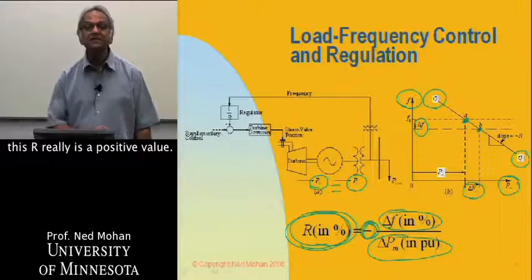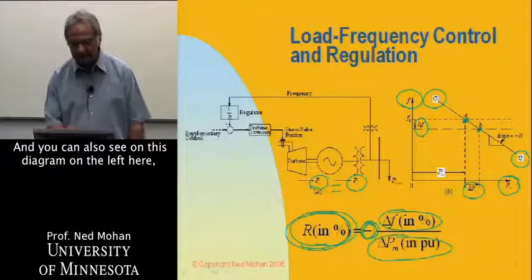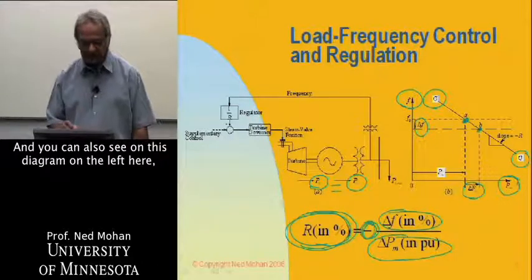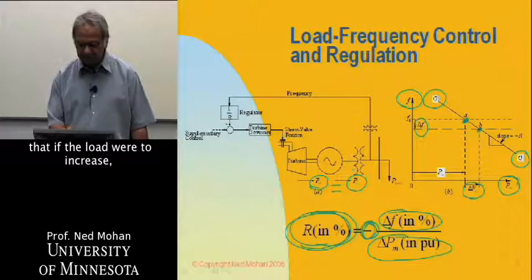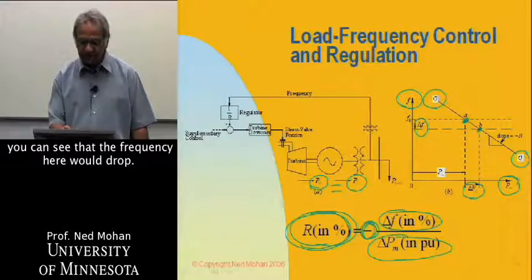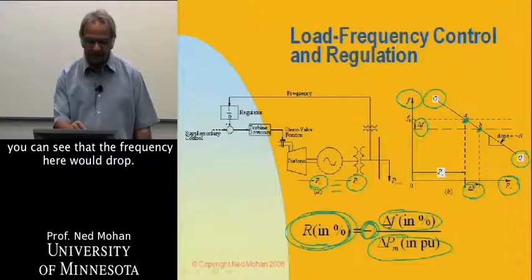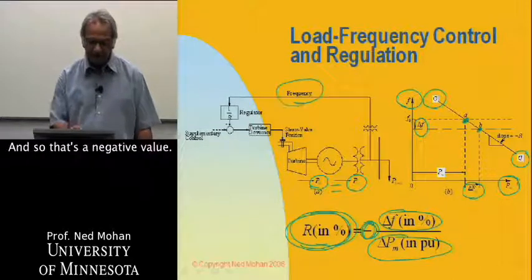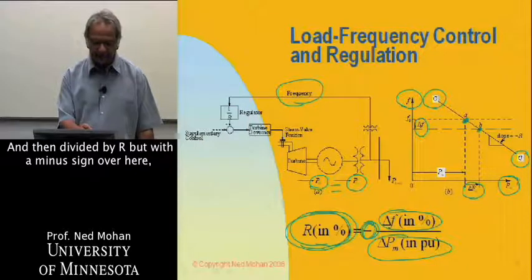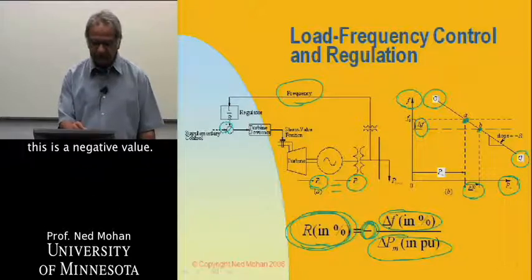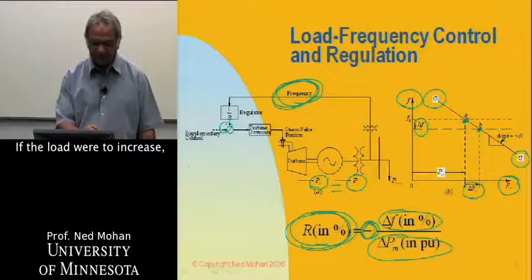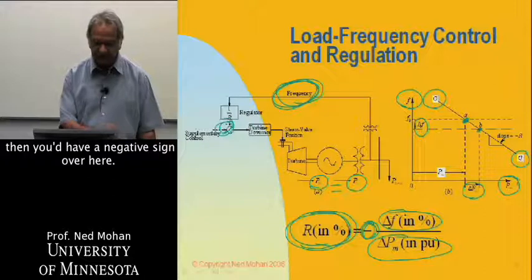This delta F is a negative value, and therefore by having this minus sign here, R really is a positive value. You can also see in this diagram on the left that if the load were to increase, the frequency would drop, so that's a negative value, and then we divide by R, with a minus sign over here. So if the load increases, you have a negative sign over here.